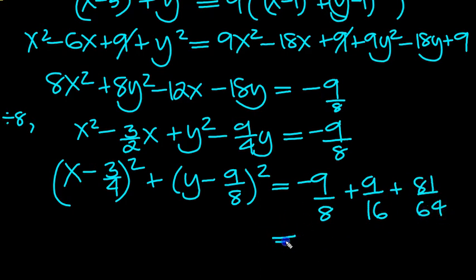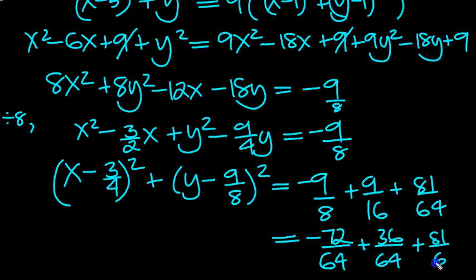So it looks like we're dealing with 64ths here. So let's times by 8 for this one. Minus 9 times 8 is minus 72 over 64. Plus, times by 4 top and bottom, 36 over 64. And then we've got the 81 over 64.